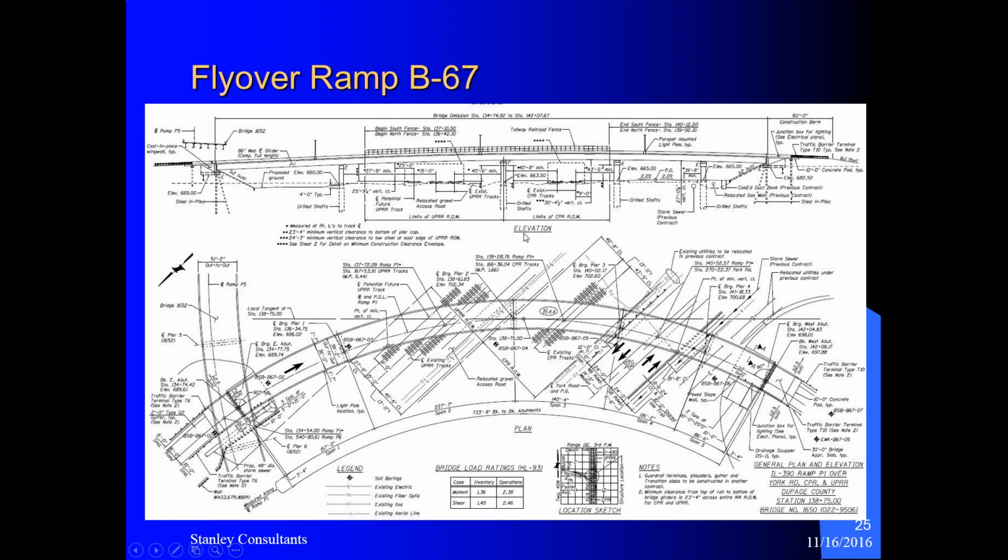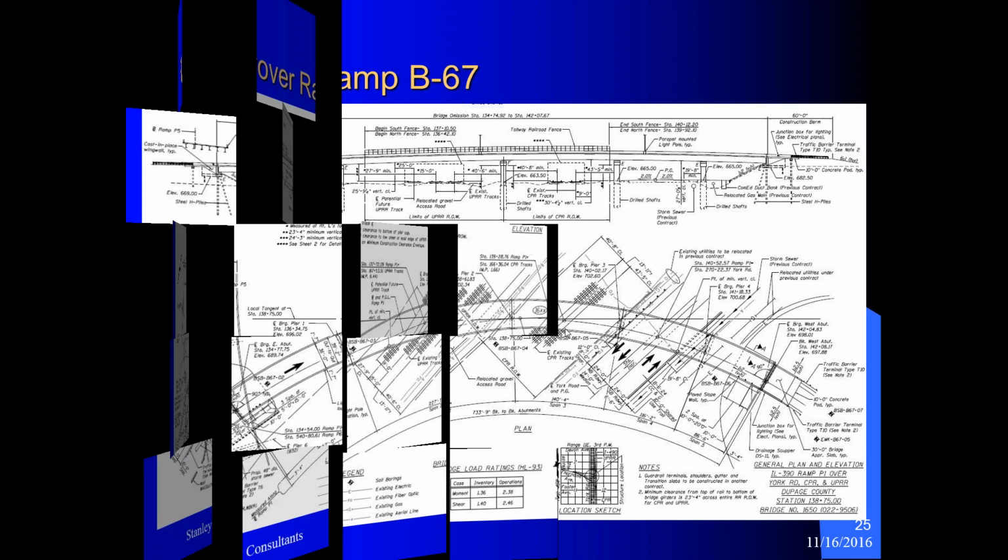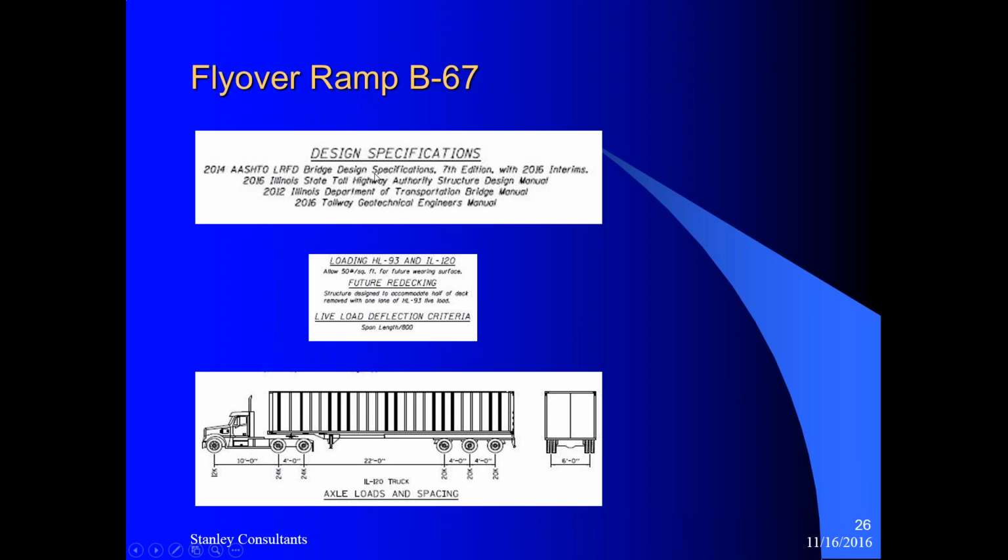I'll go quickly: the design specification is based on the AASHTO LRFD, and in addition to HL93 load, they also have a special truck called the Illinois 120 truck. So the bridge is designed using both of these trucks, and this truck is a little bit heavier with more axles.